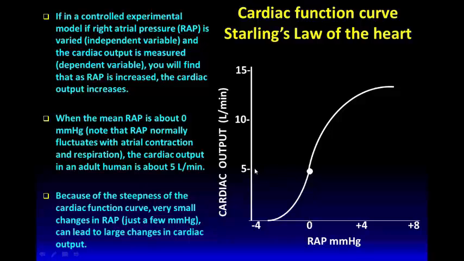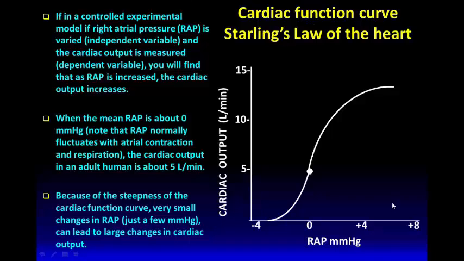Now, this curve is not flat, it's steep. Because of the steepness of the cardiac function curve, very small changes in the right atrial pressure, in the form of just a few millimeters of mercury, can result in large changes in the cardiac output. So this is another way of having the cardiac function curve.